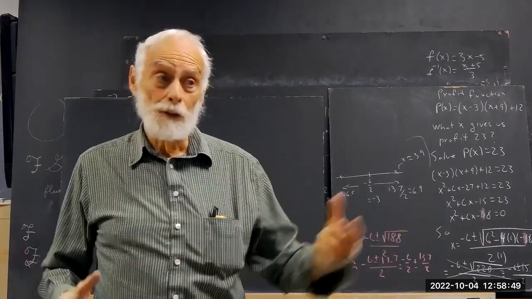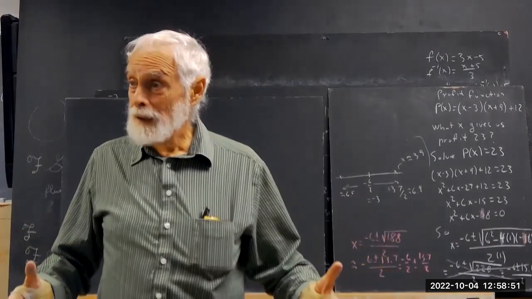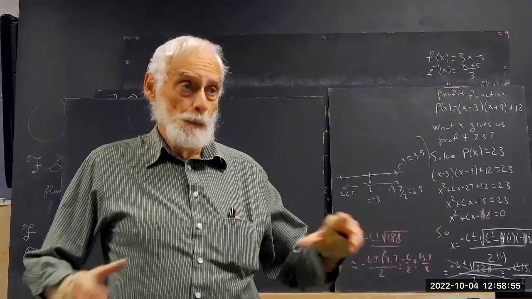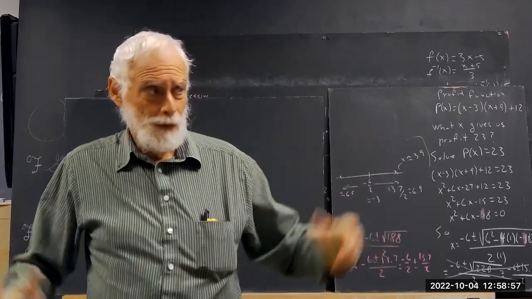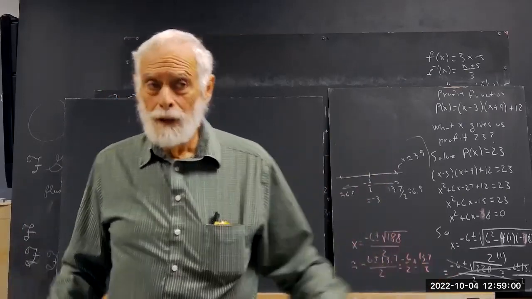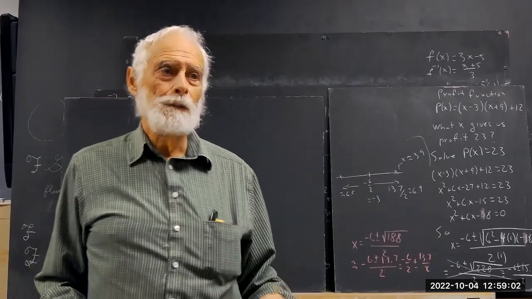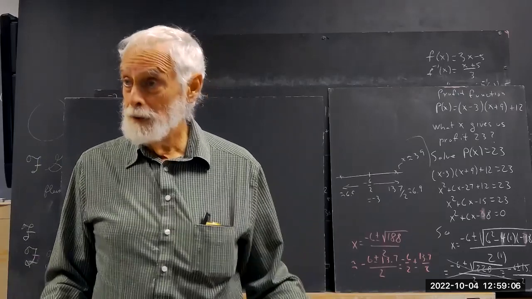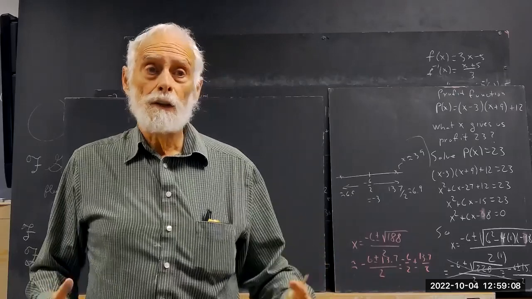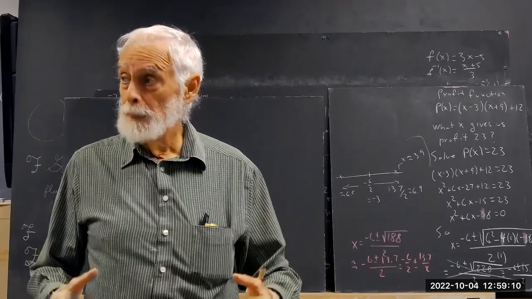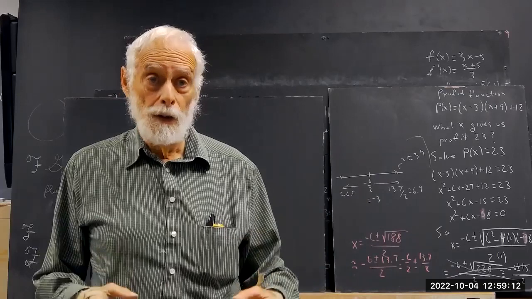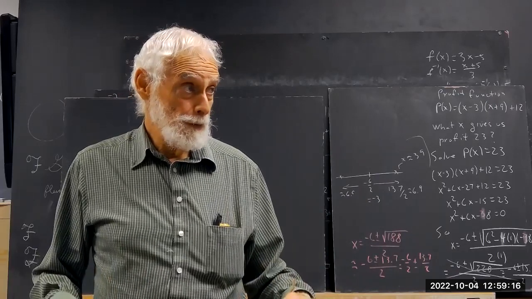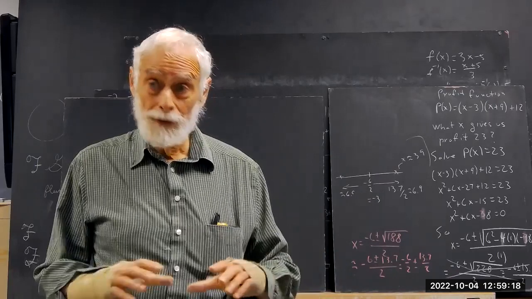It tells you where the graph is, that's important, and of course everybody can do that. A couple of people wanted to plot a bunch of points. Well, that's fine. It's what you learn to do, and if you've got a really weird function, that's what you're going to have to do. So it's an important skill. In this course, you're not going to get a bunch of functions that you need to plot by points. You're going to get functions that you need to plot as transformations of your basic functions. That's the scheme.